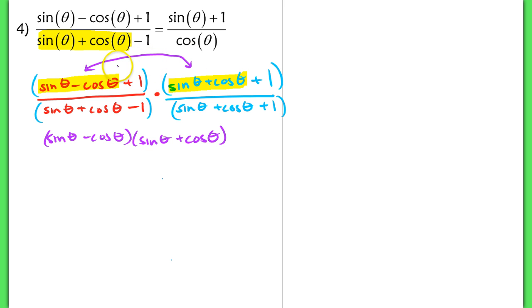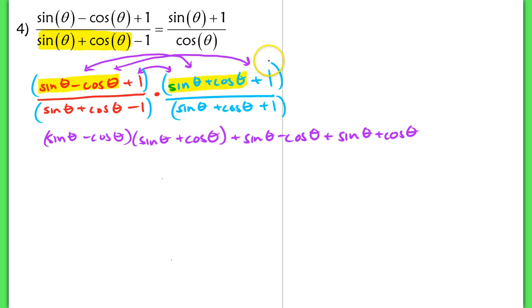And then let's do our outside terms. So this times 1 is simply sine theta minus cosine theta. For our inner terms, we're going to add now a term of sine theta plus cosine theta. And then our last term will just be 1 times 1, so plus 1.